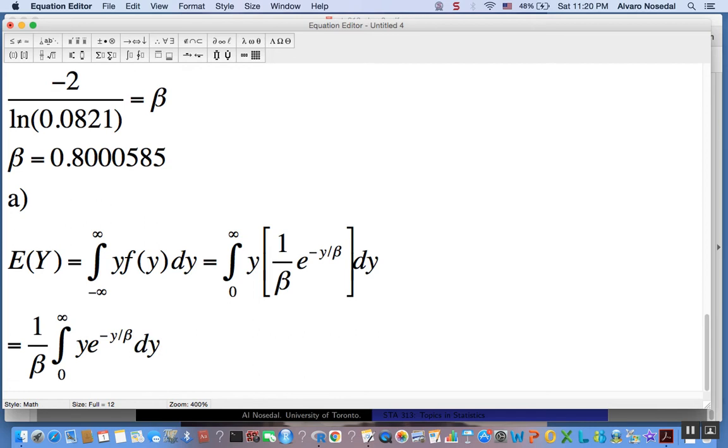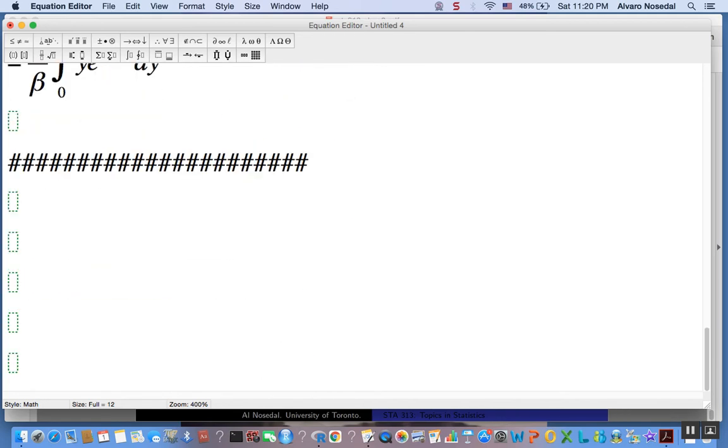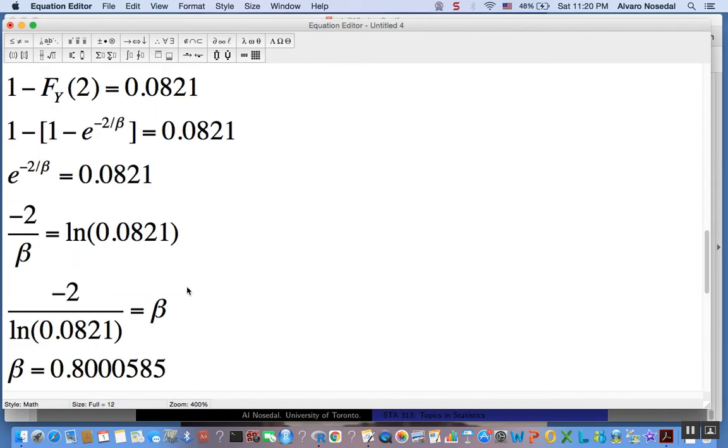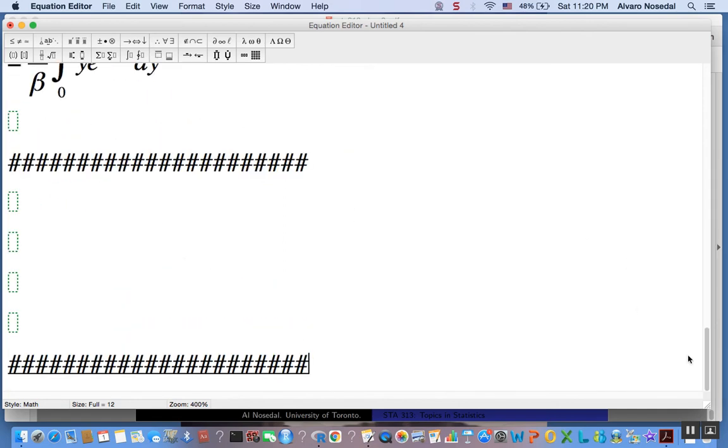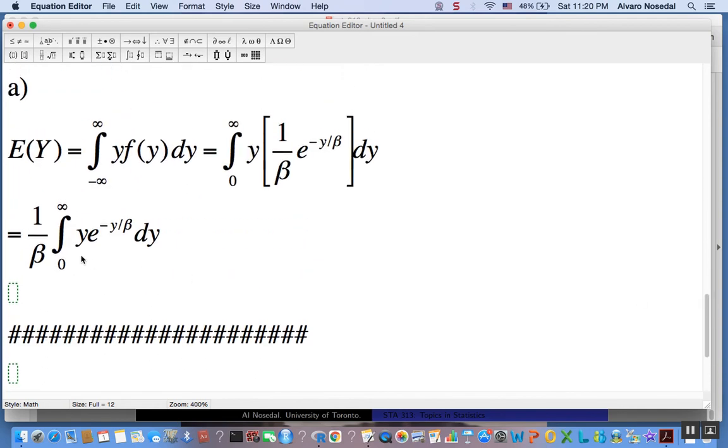Now, one way of finding that integral, take a look at it and then you'll go, oh, okay. We could do it by parts, right? That would be one way using those calc techniques.